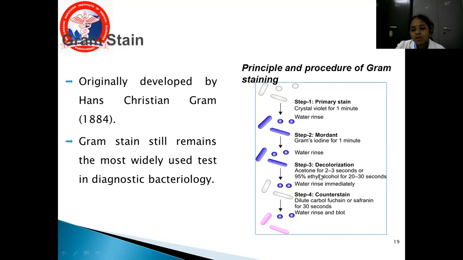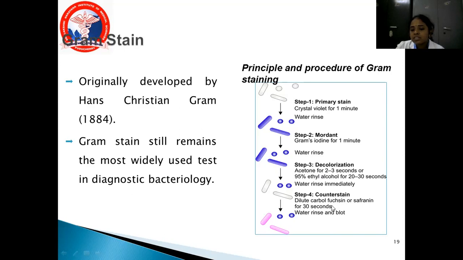Acetone is an alcoholic substance, or we will use ethyl alcohol. So when it falls onto the fat particles, it has a lipid layer, no? It will dissolve, so decolorization occurs in case of gram negative organisms. So what counter dye are we using?